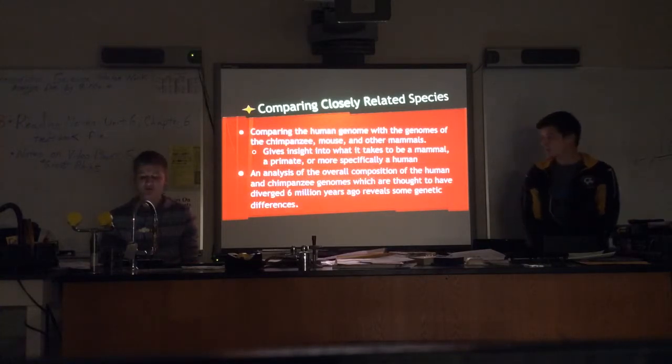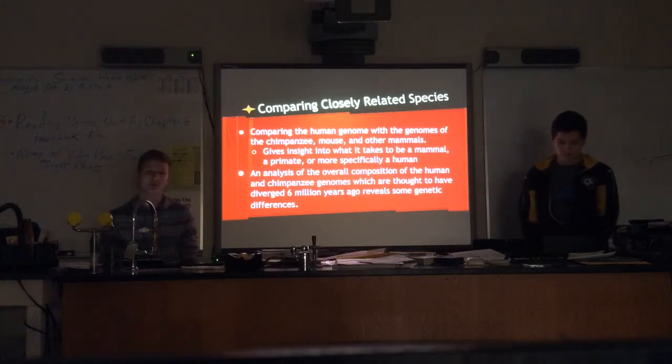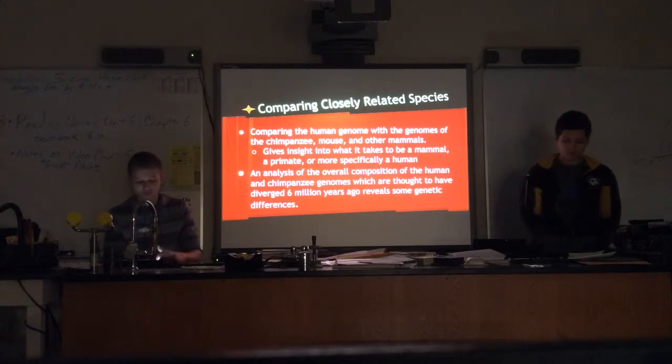Comparing the human genome with the genomes of the chimpanzee, mouse, or other mammals gives insight into what it takes to be a mammal, a primate, or more specifically a human. An analysis of the overall composition of the human and chimpanzee genomes, which are thought to have diverged 6 million years ago, reveals some genetic differences.